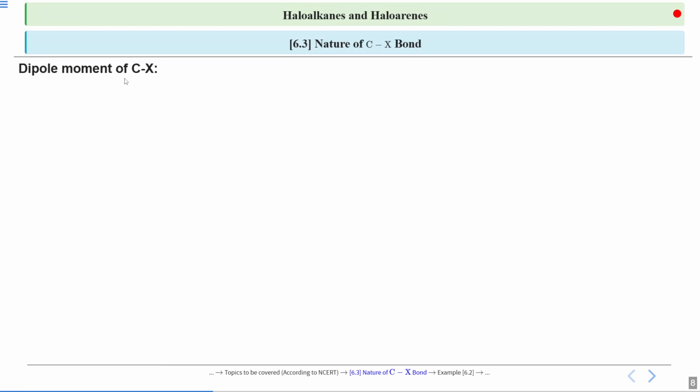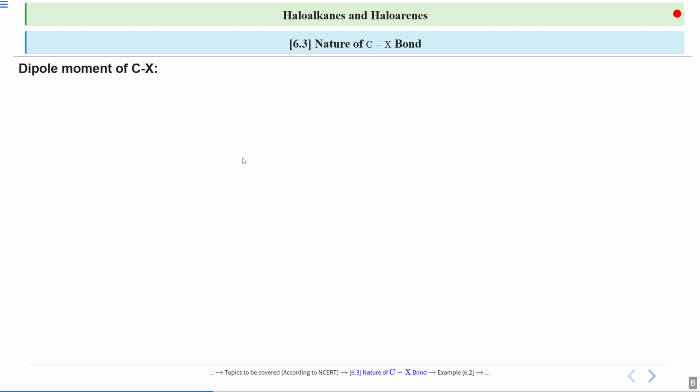Next, we will talk about the dipole moment of the carbon halogen bond. Okay, so dipole moment is basically a measure of separation of positive and negative electrical charge in a molecule. Due to the electronegativity, or due to the polarity, there is a partial positive and partial negative charge on the carbon and the halogen respectively, right?